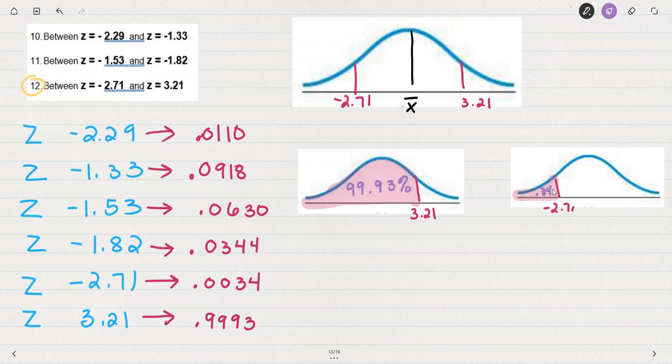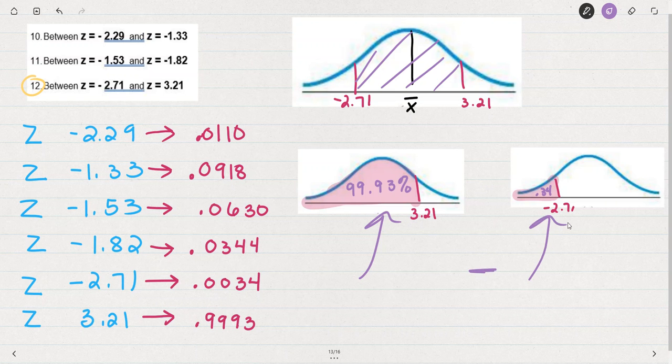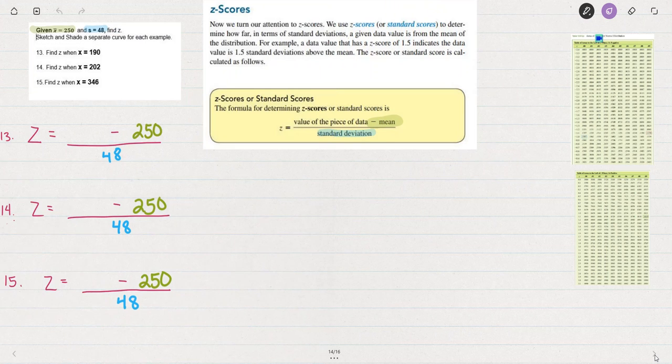So if I'm looking for what's between those two, I'm going to have to subtract. So to get this area between, I'll start with the 99.93%, and then I'm going to subtract the 0.34%. So I'll subtract again for between. Have you noticed that for between, we're nearly always going to subtract?